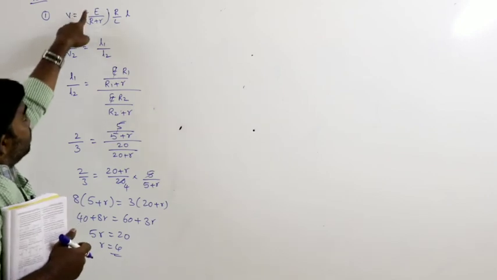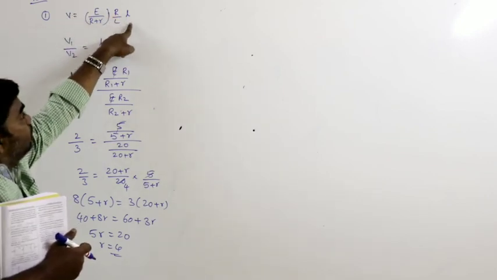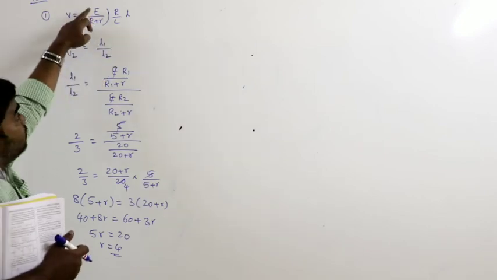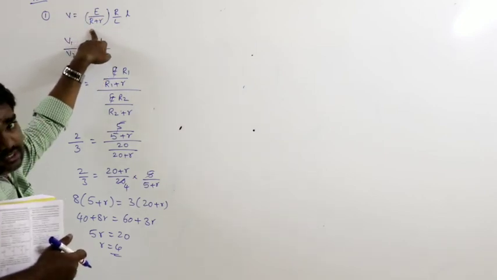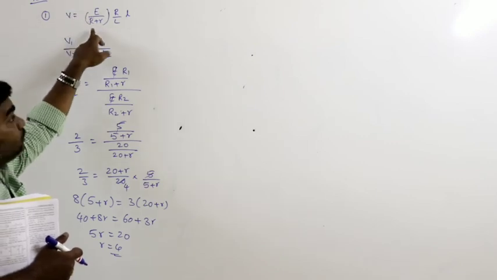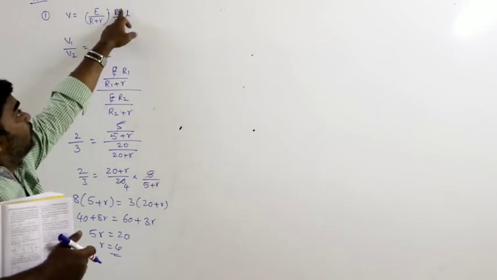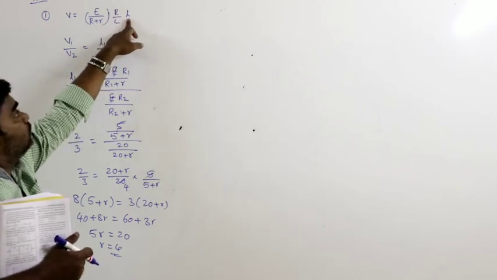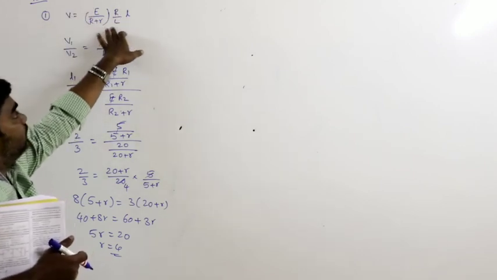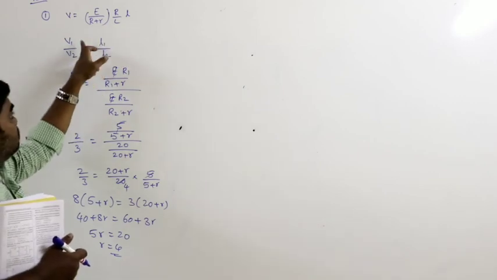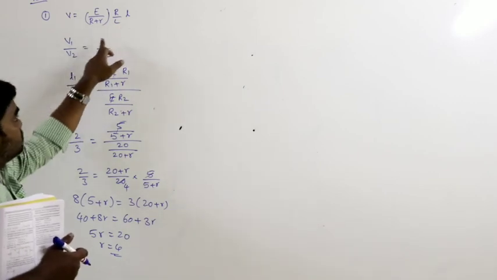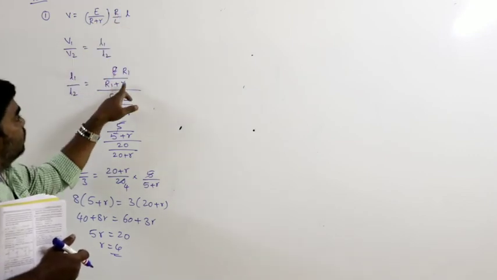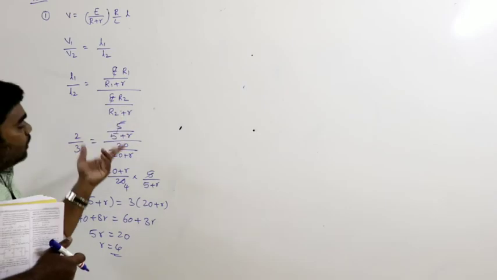V is equal to E by (R plus r) into R by L into L. V is equal to IR, where I means total EMF by total resistance, into R by L into L. R is our external resistance. So the length unit cancels. This is the potential gradient formula. Based on that, V is proportional to L, V1 by V2 is equal to L1 by L2. So in place put E R1, first case R1 by R1 plus r, R2 by R2 plus r.